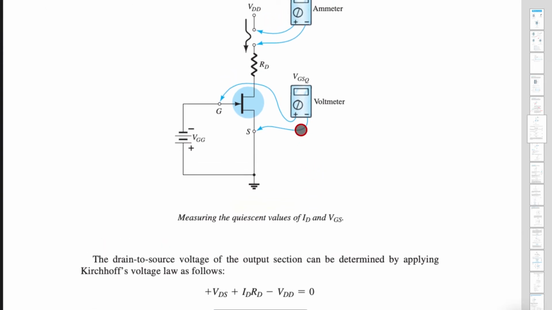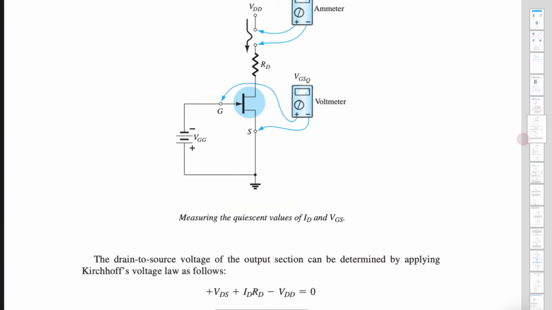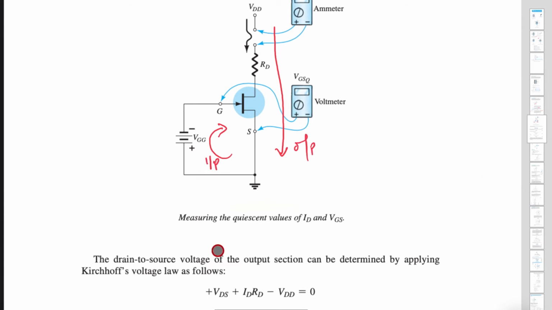Now we call this the output section and this the input section. In this output section, you come from the higher voltage to the lower voltage, that is, high potential to low potential.